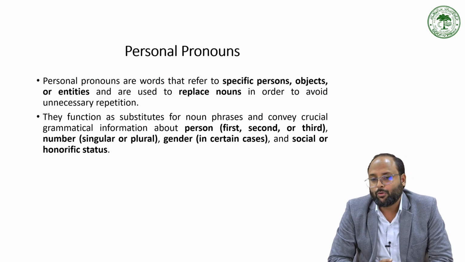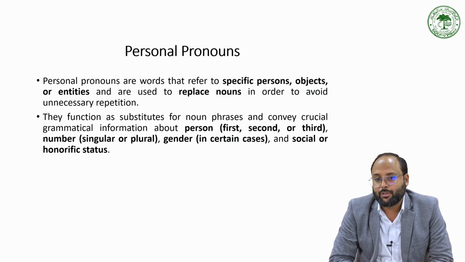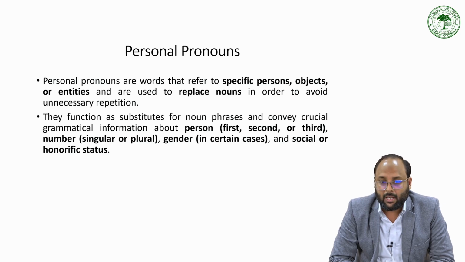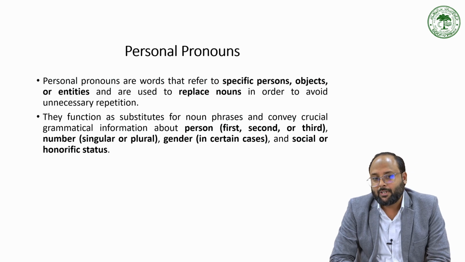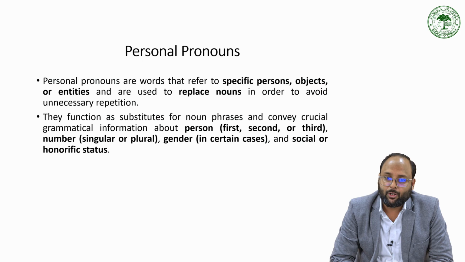So we are not going to repeat the name again and again. Instead, we use pronouns like wo, hum, tum, आप. They function as substitutes for noun phrases and convey crucial grammatical information about person, gender and number.